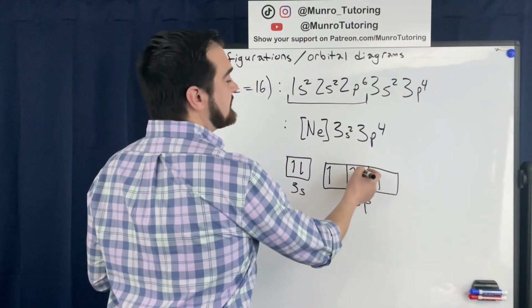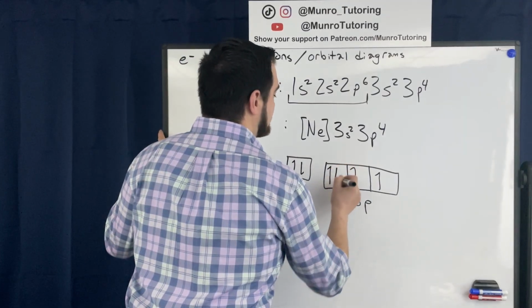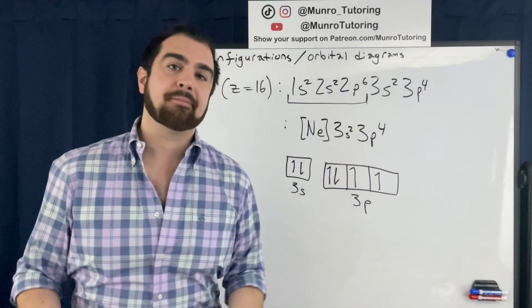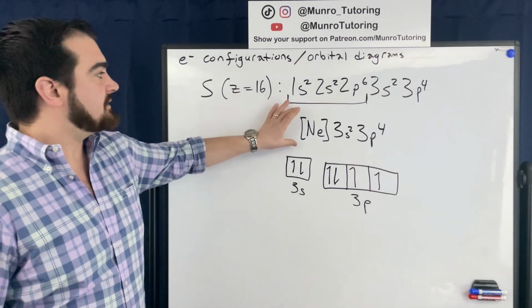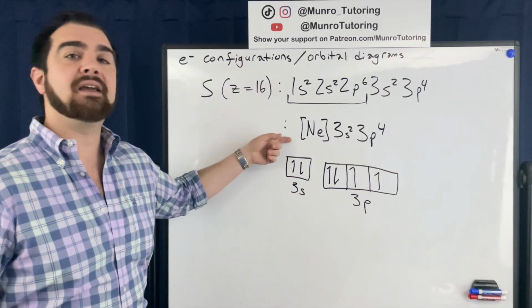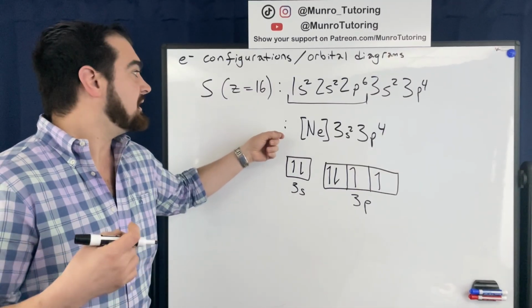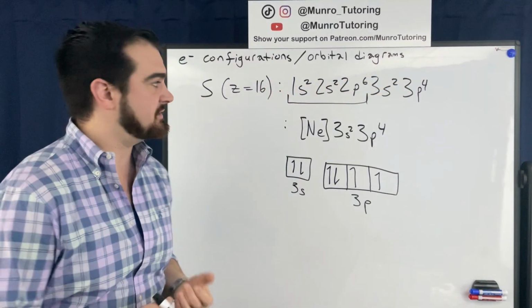I could put a down spin in any of these other ones, but I'm just going to keep things looking pretty typical. And there we go. So this would be the orbital diagram of the valence shell of sulfur. This is the noble gas shortcut of the electron configuration, and then this is just the full electron configuration.